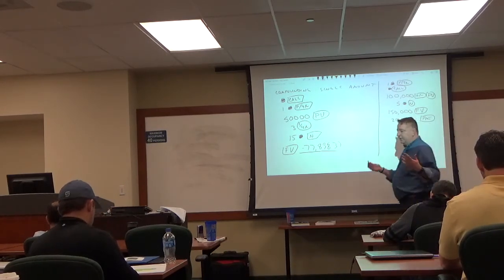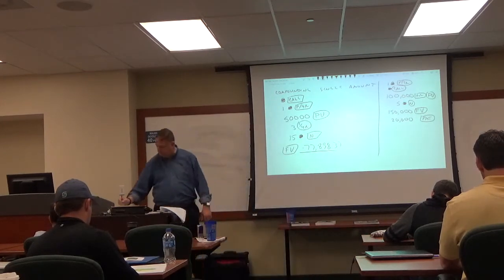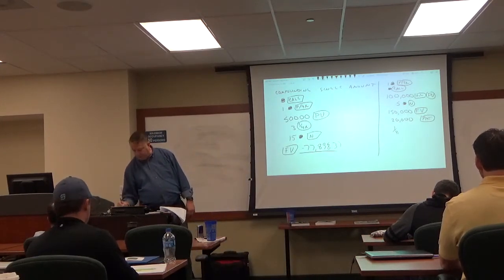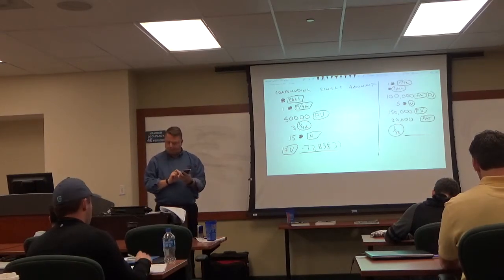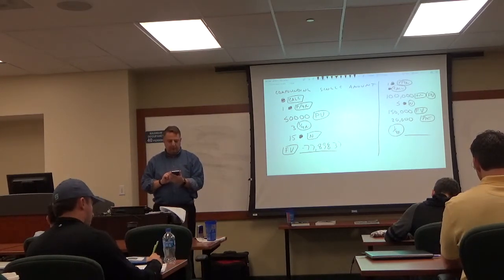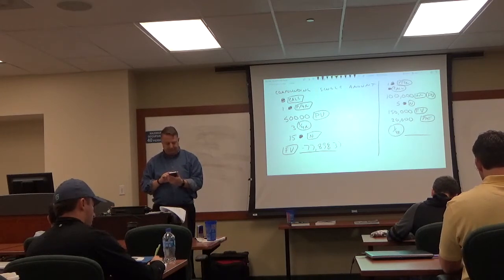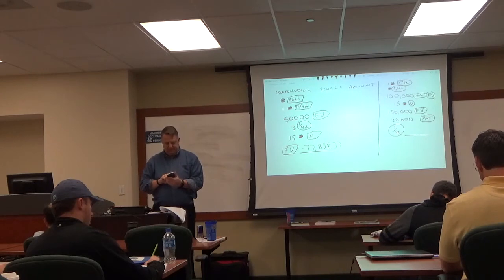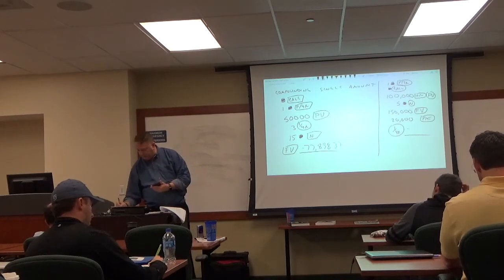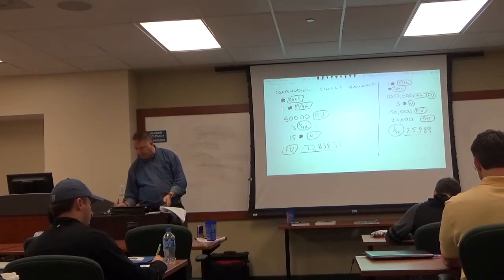Okay, so then we would solve for what is my rate of return, or my interest rate. Let's do this real quick. I want to illustrate the point, you'll see what I mean. Okay, so you should get 25.98%.